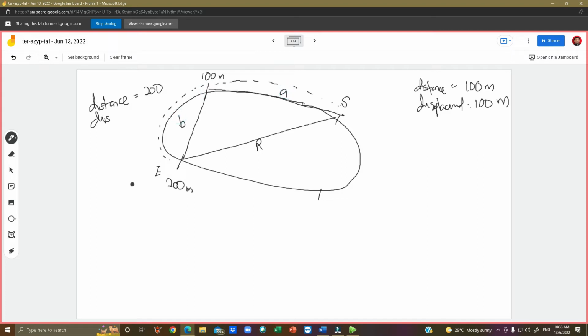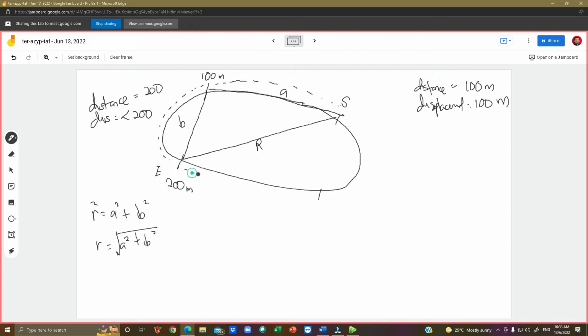A, B. So, R equals to square root of A square plus B square. Dapatlah berapa jarak dia. Maksudnya jarak dia takkan sampai 200 lah. Okay. So, the displacement here is less than 200 meter. Pasal dia adalah jarak lurus.